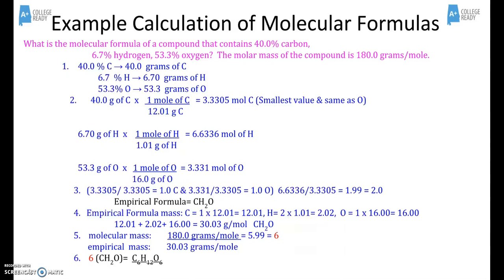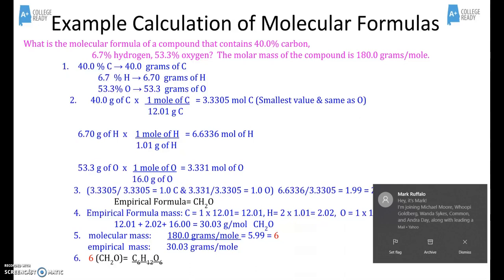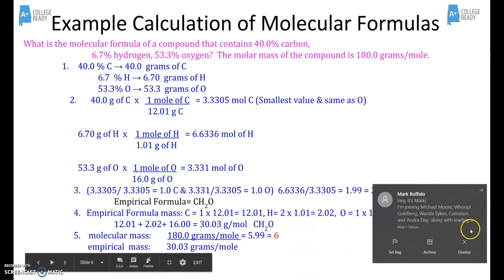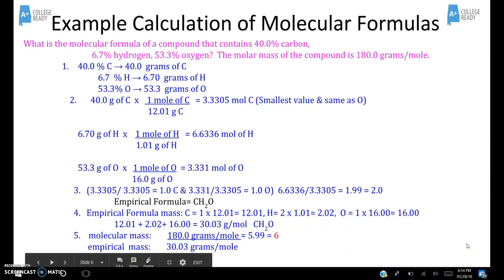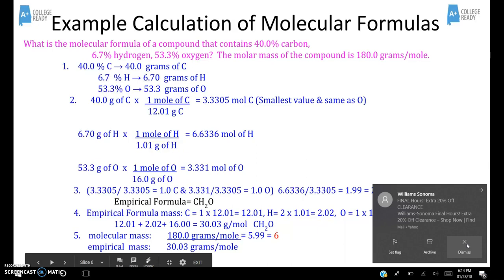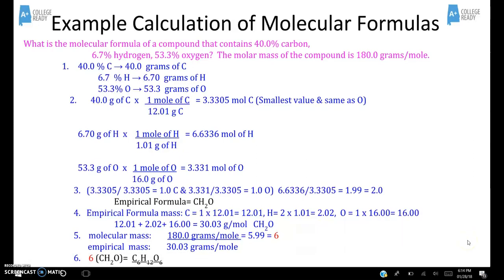So now that I've got my empirical formula, again, we're just adding a couple more steps. I have my empirical formula of CH2O. Now I have to take each element from my empirical formula, take that mole quantity of the subscript and multiply it. Remember, I'm going from moles to grams, and I'm going to calculate my molar mass of my empirical formula.